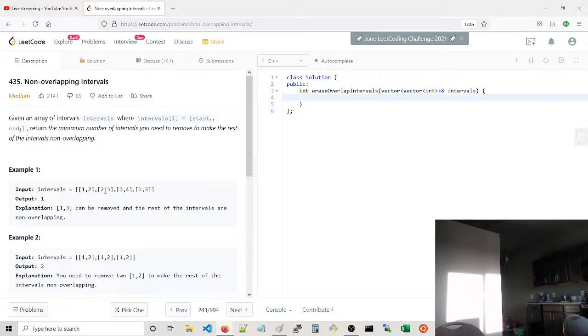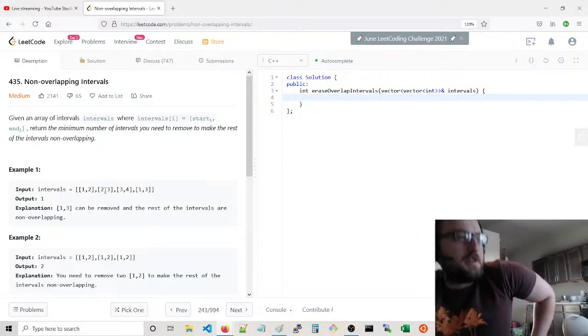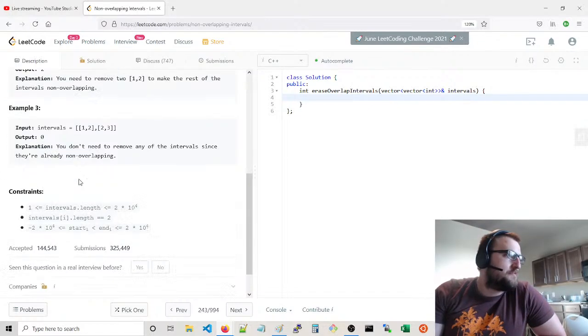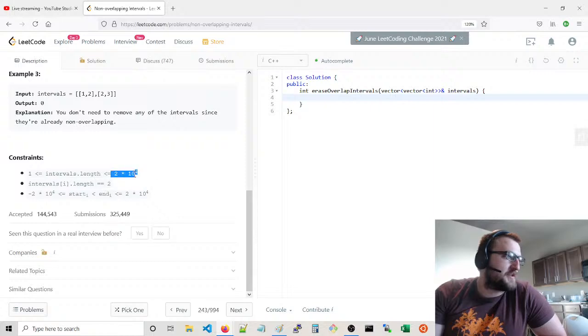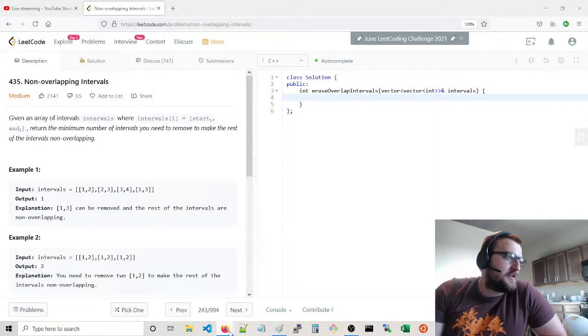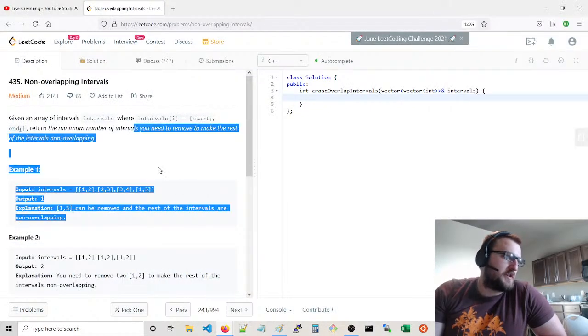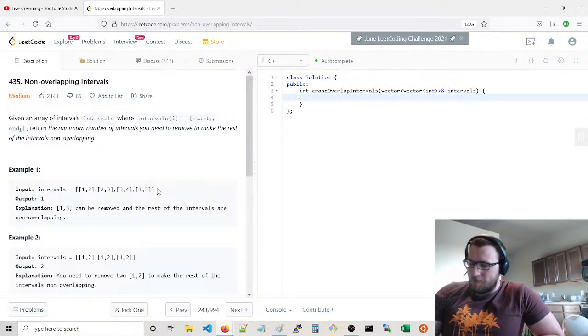Well, let's see, how many intervals do we have? Because maybe this is not such a big deal. Well, no, I think this is always kind of bad. Yeah, 20,000, no. Doing 20,000 with n squared is like 40 million.